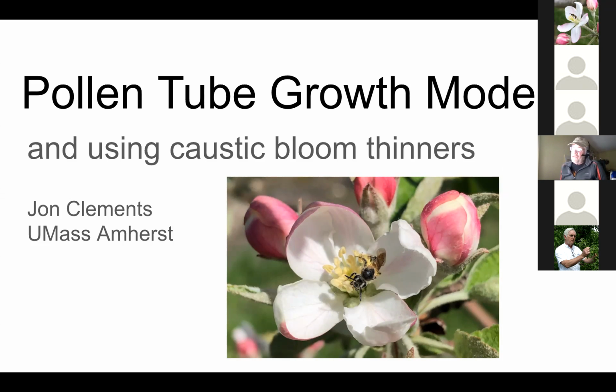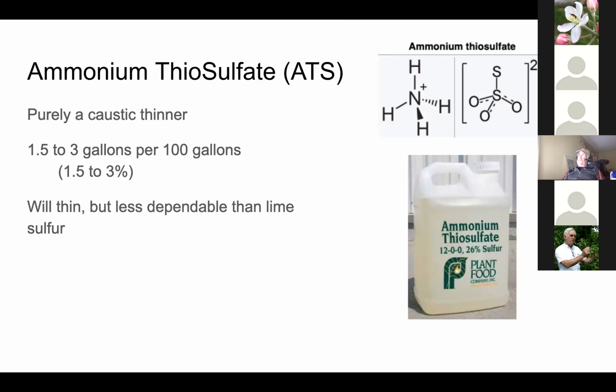The other option is to use ATS. I think Dwayne has talked a little bit about ammonium thiosulfate before. It's a nitrogen source. It's purely a caustic thinner. The suggested rate is 1.5 to 3 gallons per 100 gallons. It will thin, but the general perception out there is less dependable than lime sulfur.